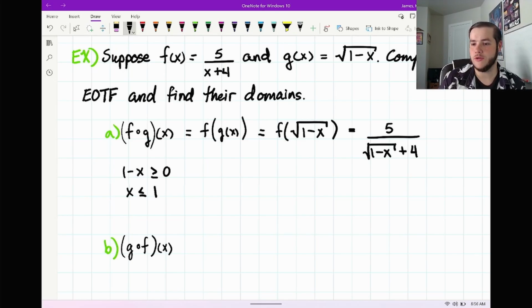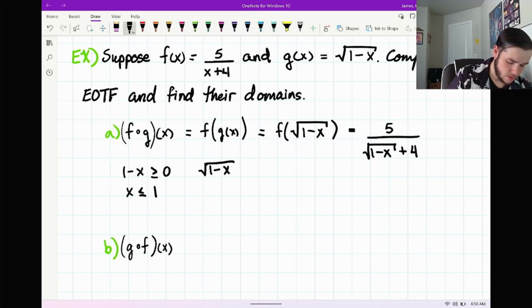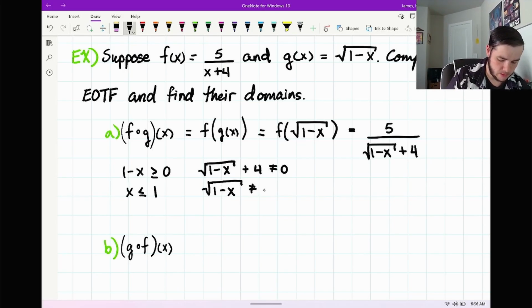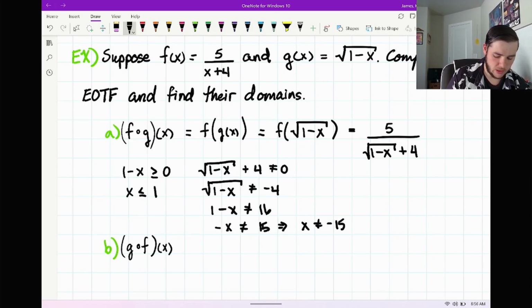Cool. Alternatively, though, I've got that the square root of 1 minus x plus 4 is in a denominator. So I know that that cannot be equal to 0. Solving for x, I would move the 4 over to the other side, square both sides, subtract the 1 and divide by -1 to get that x cannot be -15.